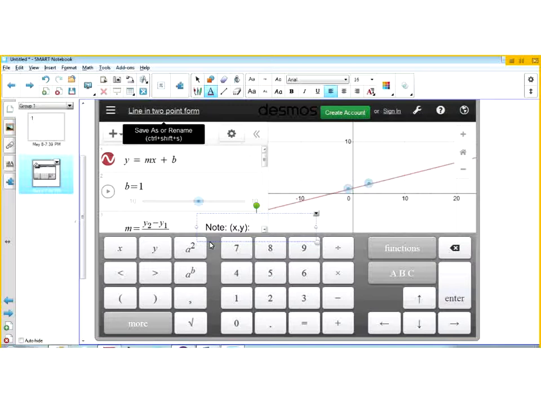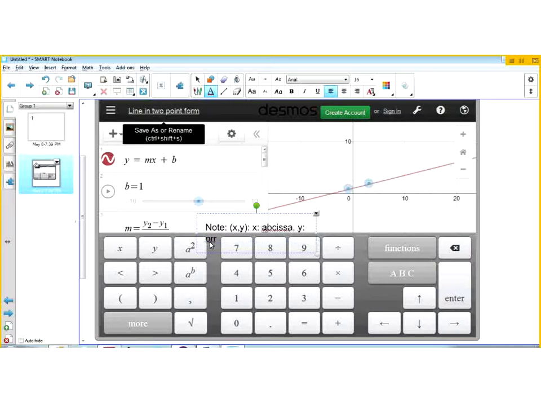Okay, so note. When we're given the coordinates of a point, x, y, we have to identify what we mean by the coordinates of a point. And we usually call x the abscissa. That's x is the abscissa of the coordinate of a point.